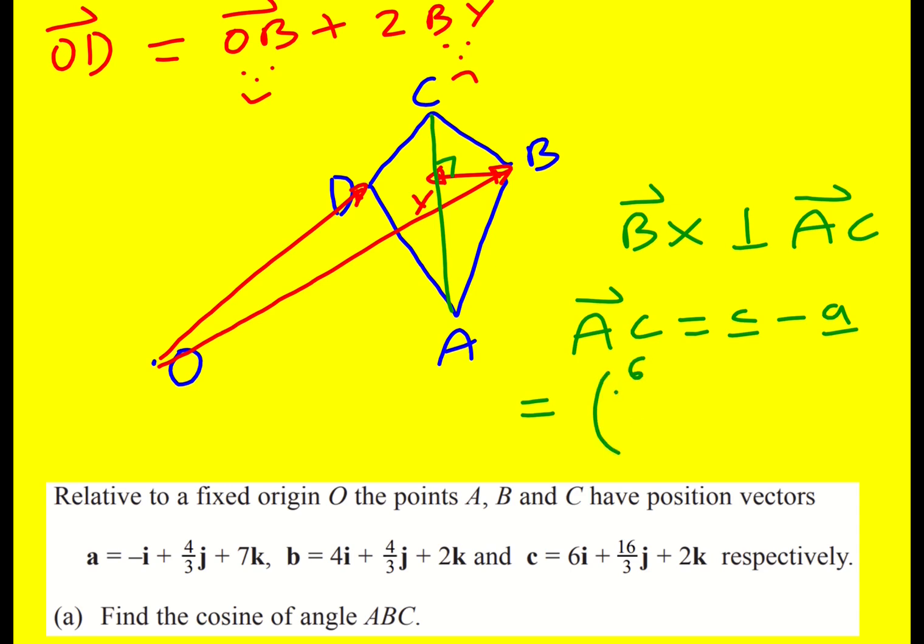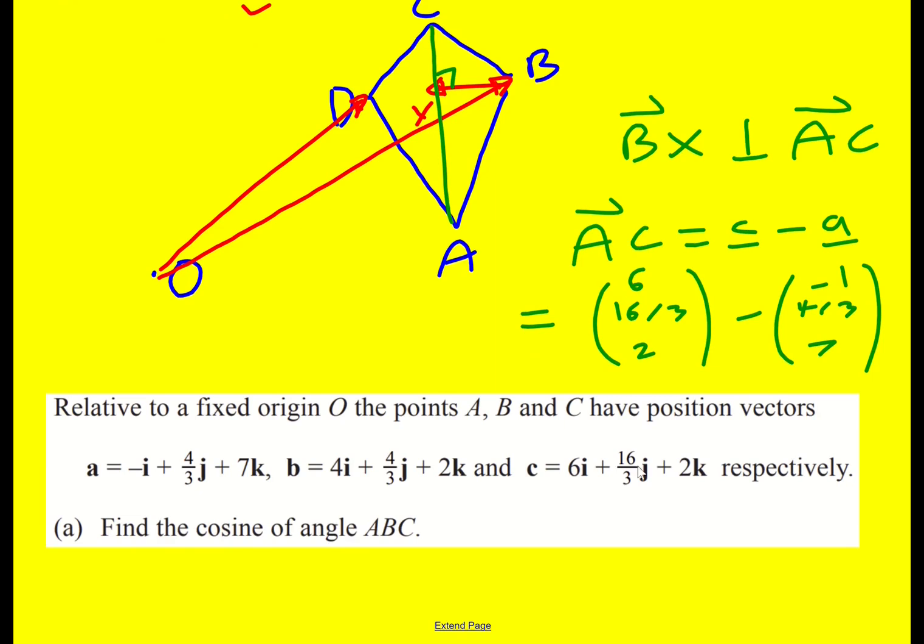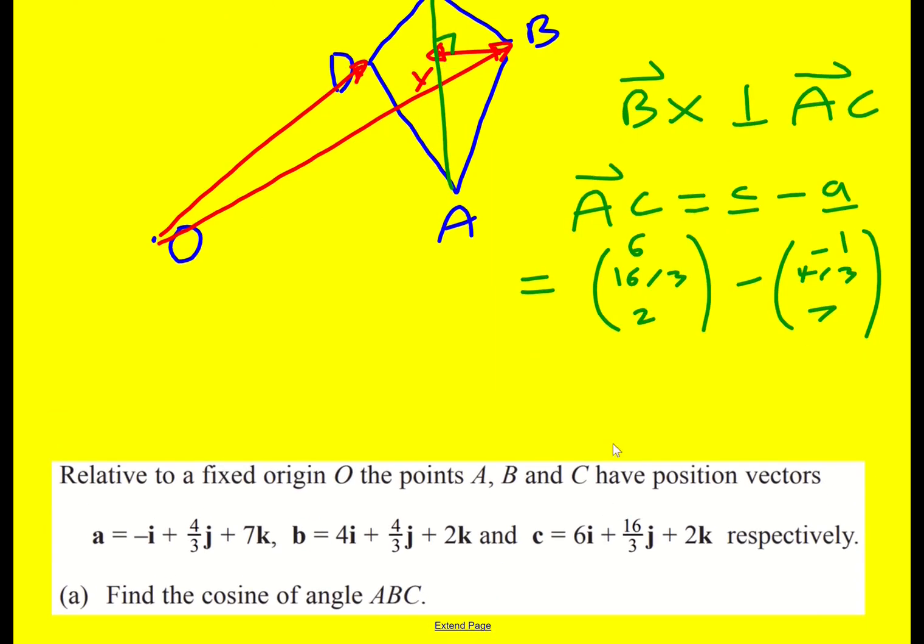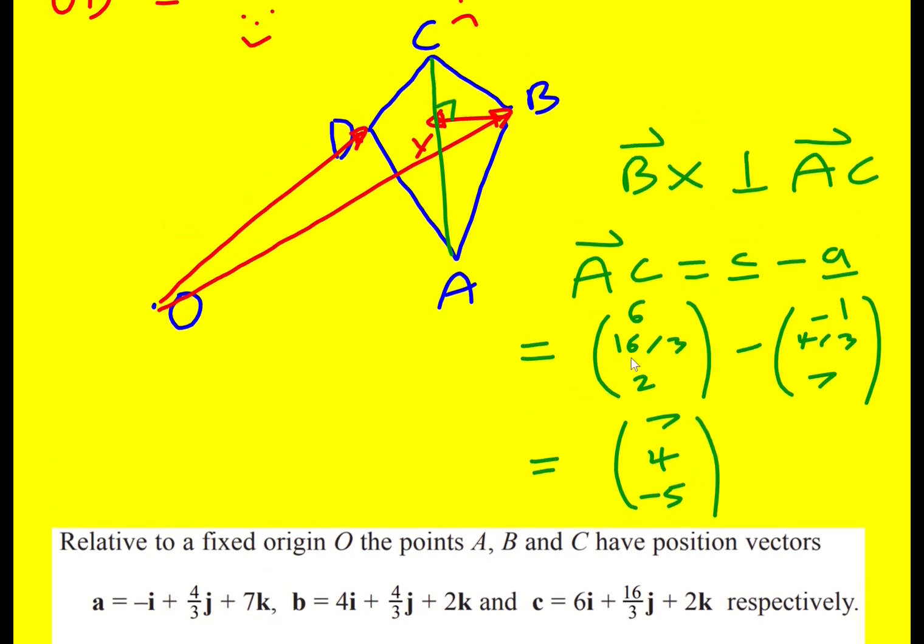So 6, 16 over 3, 2, minus 1, 4 over 3, 7. Which will leave us with 7, 12 over 3, which is 4, and minus 5. So that's AC.